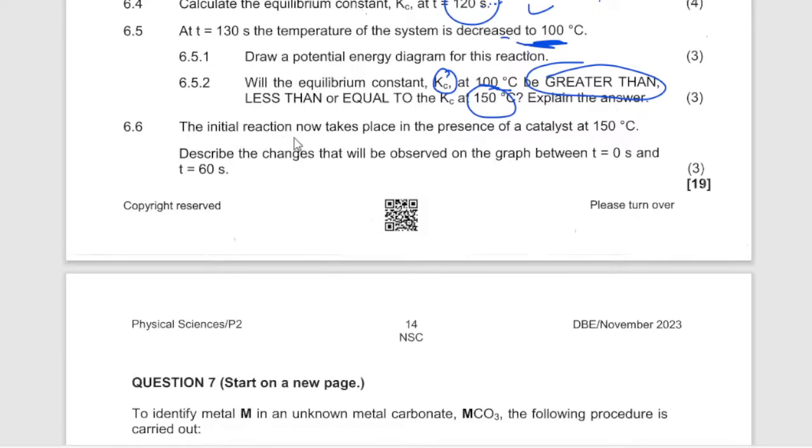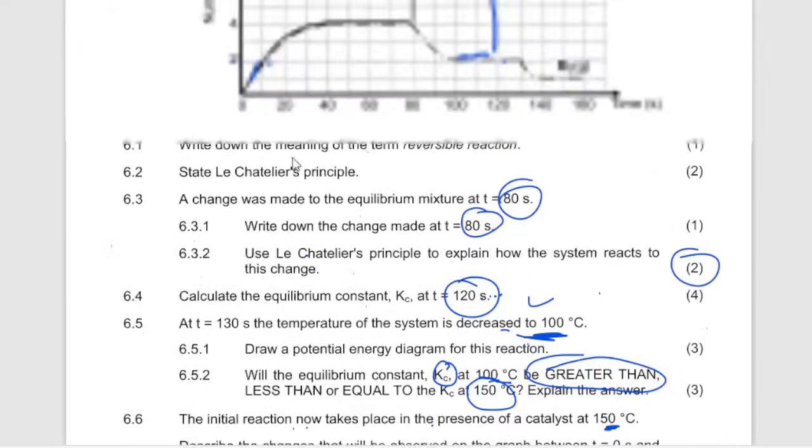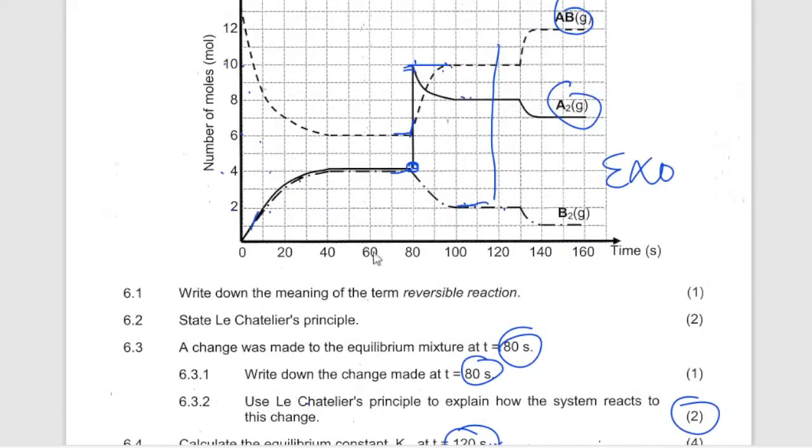All right. Then we go to the next question. The initial reaction takes place in the presence of a catalyst at this. Describe how the change will be observed on the graph at T0 and T60. When you say T0 to T60 here, definitely the catalyst just speeds up the rate of chemical reaction, but that doesn't change how much is going to be formed at the end of the day.